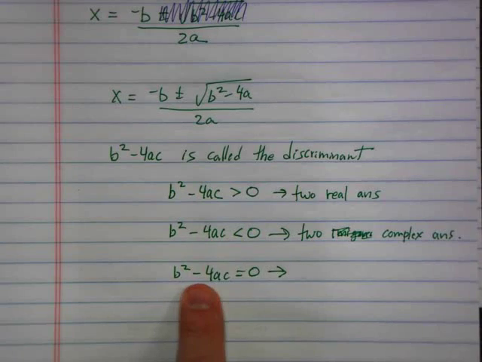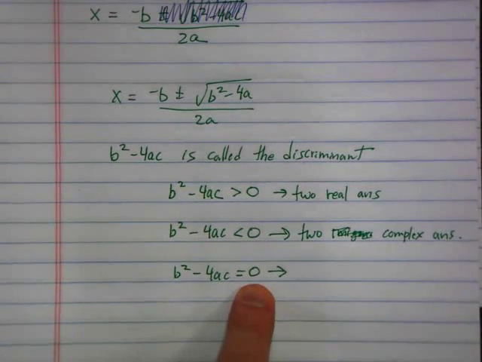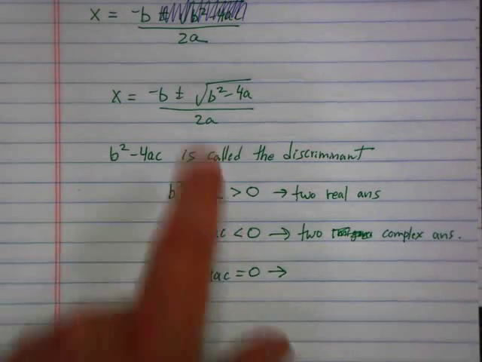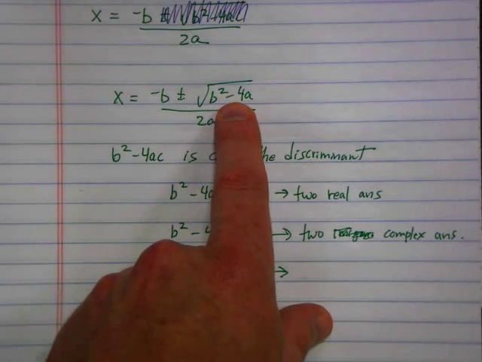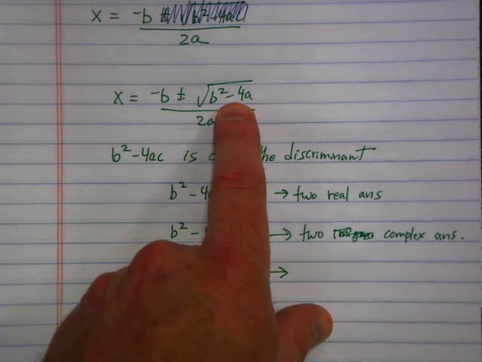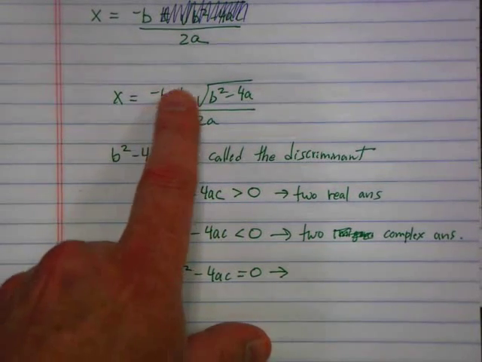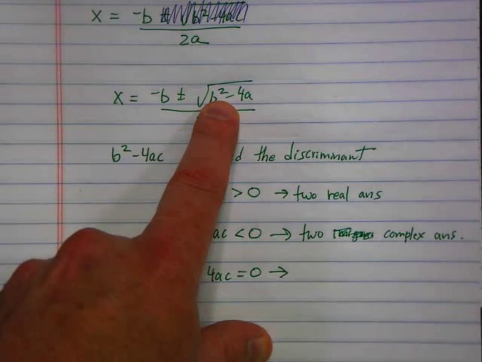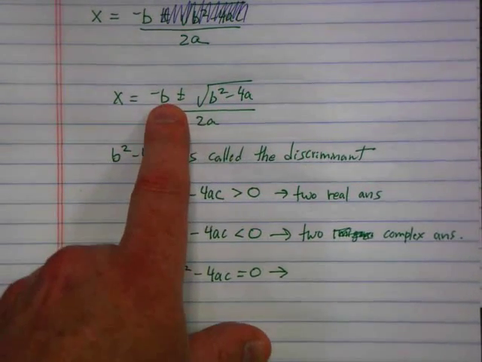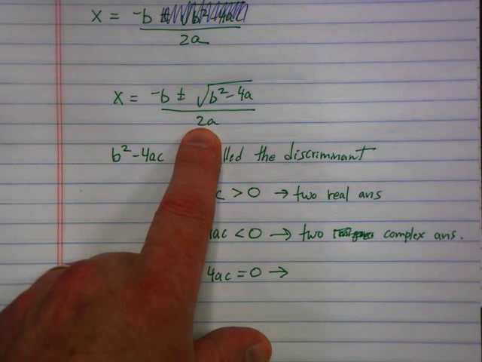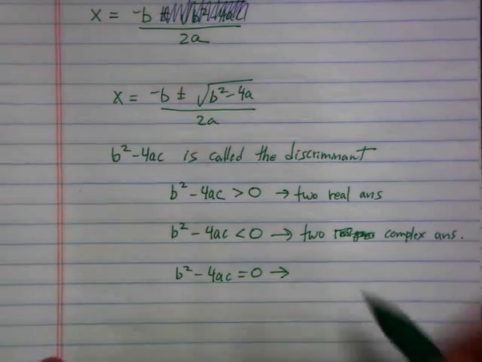What happens if the thing under the square root happens to be the number 0? Well, what's the square root of 0? 0. So up on top, you're going to have negative b plus or minus 0. What's negative b plus or minus 0? It's just negative b, isn't it? So your answer is going to be negative b over 2a. So what's going to happen? You happen to get one answer, and the answer happens to be the vertex.